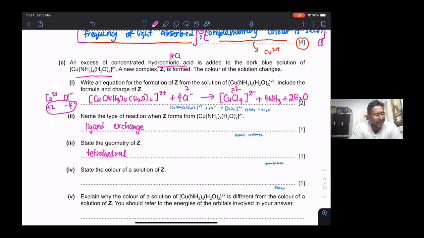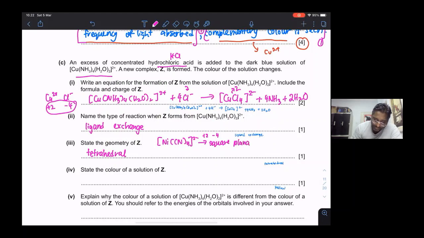Square planar, you can actually have, for example, nickel and then CN4. Nickel is +2, CN is -1, so you have -4 total, so the overall charge is 2 minus. So this one is going to be square planar. So go and check.